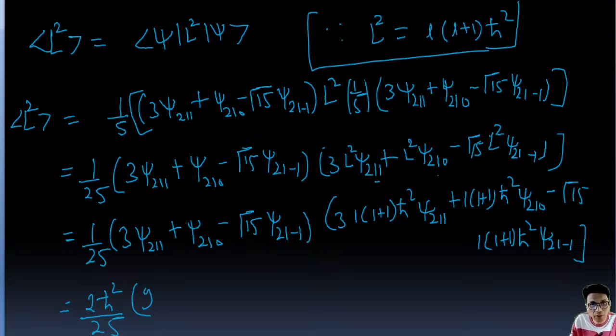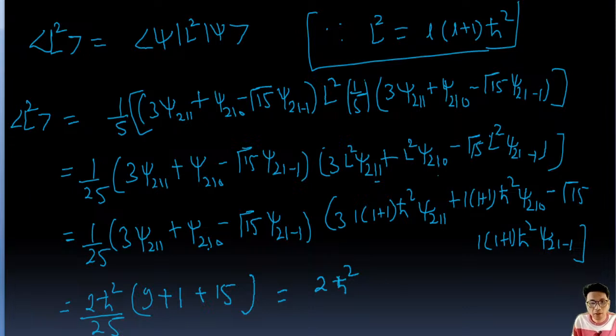This is going to be 9, and then we'll operate this with this; 2 h cut we have already taken common, so it is going to be plus 1. Then minus minus plus root 15 times root 15, which is 15, and psi 21 minus 1 with psi 21 minus 1 gives 1. So now this value is 25, the 25 will get cancelled, and the value is going to be 2 h cut square. The expectation value of L square is 2 h cut square.